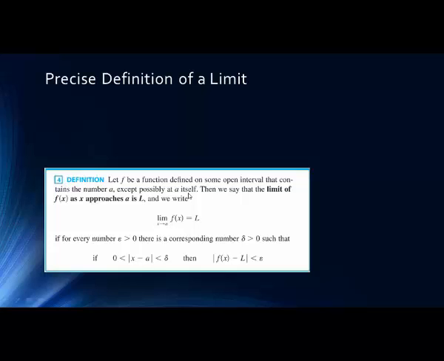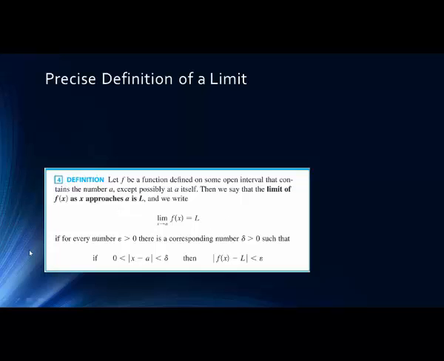Then we say that the limit of f of x as x approaches a is equal to L, and we write that as the limit as x approaches a of f of x equals L. This is just saying in words what we've already said about this notation.